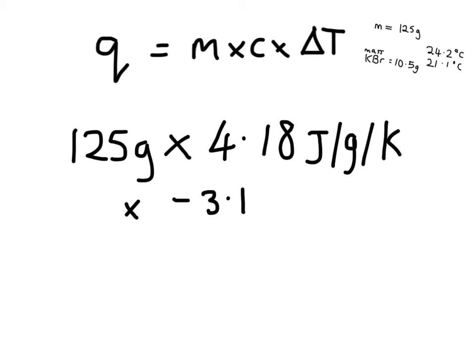3.1. To be honest, the sign really isn't that important because we can decide at the end if this is an exothermic or an endothermic reaction. And we're actually talking about the quantity of energy, so it should be a positive number because we're just talking about how much. We're not talking about whether it's lost or gained. It's not asking for the energy change, it's just asking for the amount of energy.